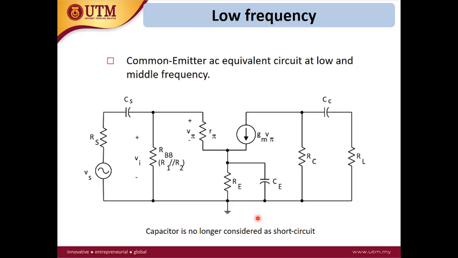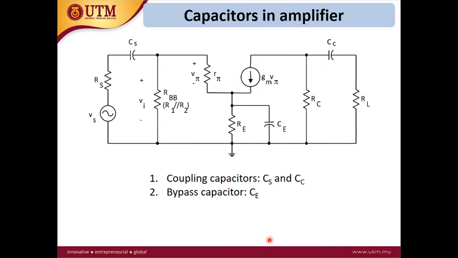When we draw the equivalent circuit at low frequency response, the CS, CE, and CC appear in the equivalent circuit because the capacitor is no longer considered as short circuit.